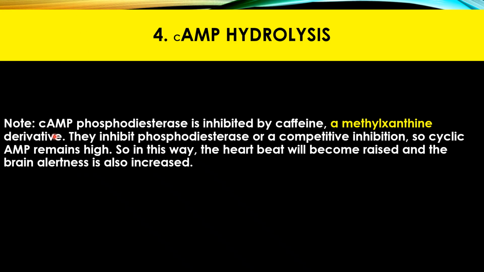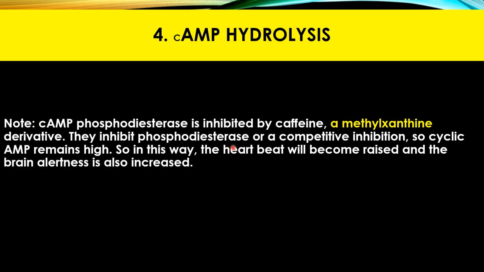In the last, there is a box in the book. The cAMP phosphodiesterase is inhibited by caffeine, a methylxanthine derivative. When you take caffeine, the phosphodiesterase action on cAMP will be inhibited, so it will remain cyclic AMP.